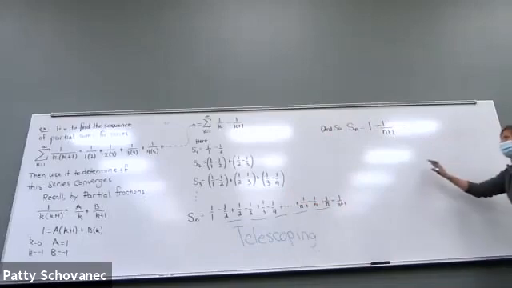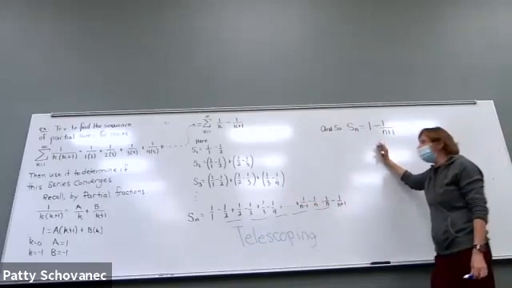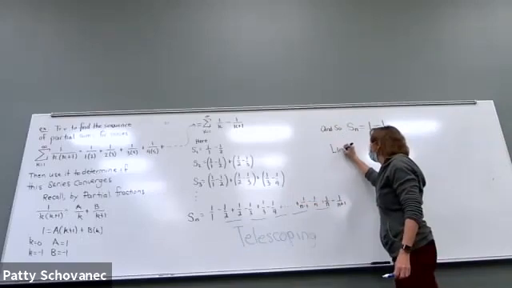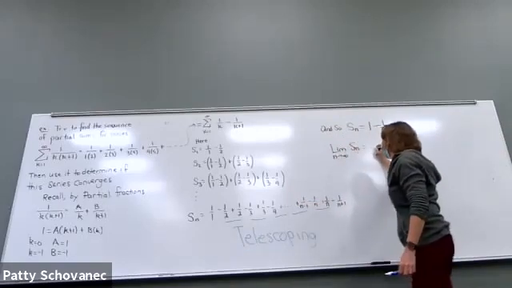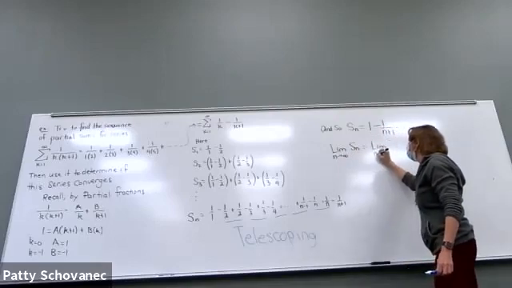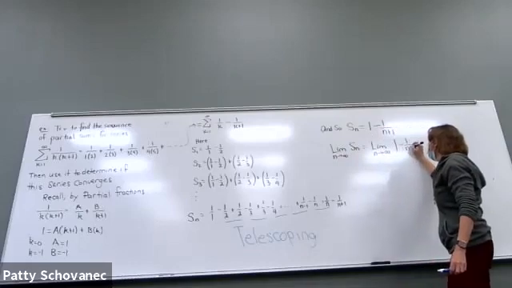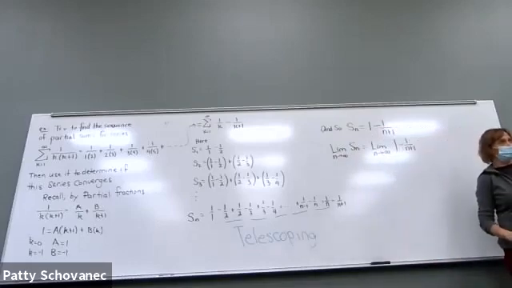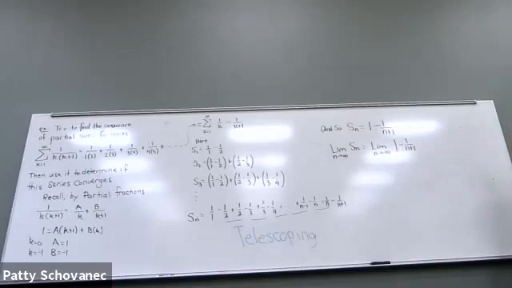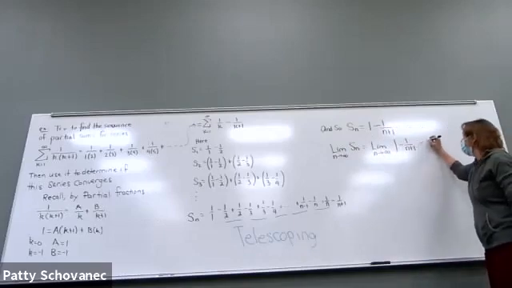If we can get a general formula for the nth partial sum, then we quickly take the limit. And what's the value of that limit? It's 1.